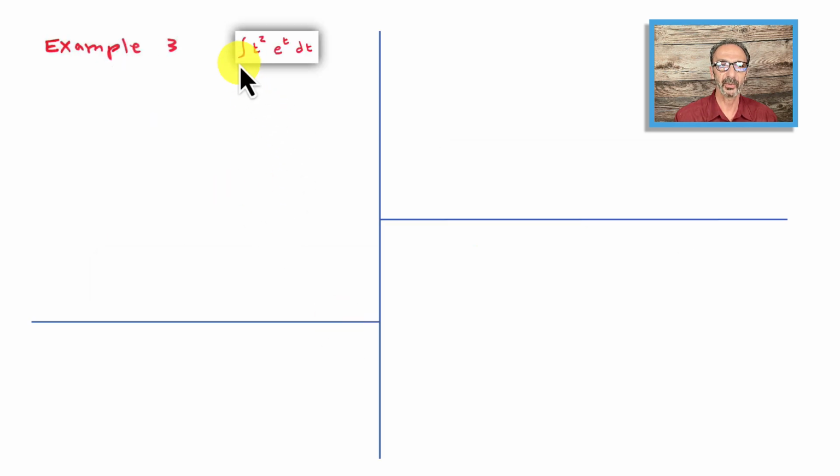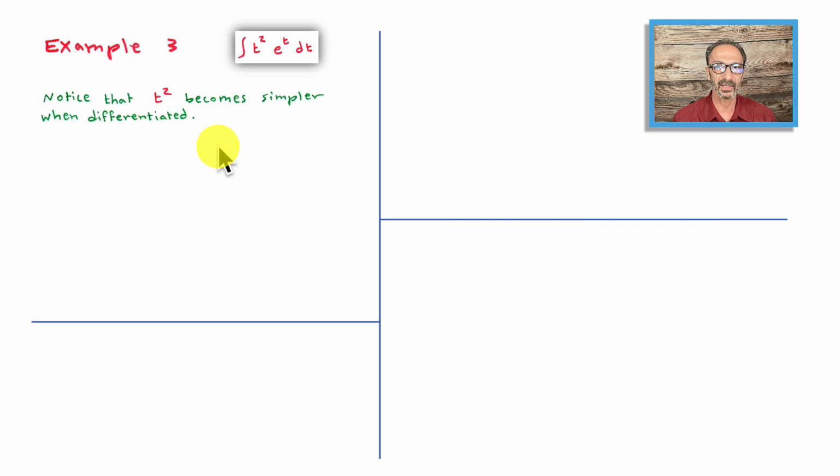The integration of t squared e to the power t dt. Now here, this is a different problem. Notice that t to the second becomes simpler when differentiated. It goes to the first degree, and if we differentiate it again, it goes to a constant.